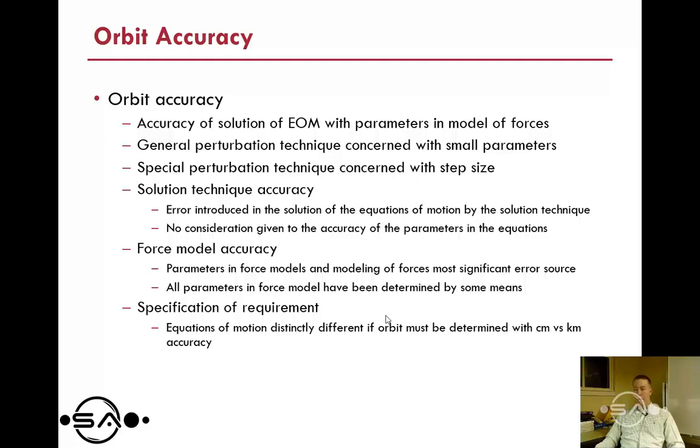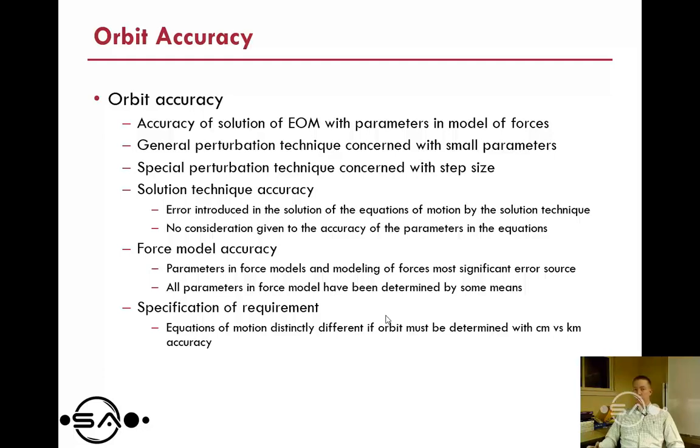So it really drives to, orbit accuracy depends on what your requirement is. If you need some solution of kilometers, then I could probably use a special perturbation technique where I'm solely interested in the solution accuracy of my numerical integration, as opposed to the force model, because I need kilometers, not centimeters. But if I need centimeters, then I might be considering both of them because of the sheer amount of time that it takes to numerically integrate those force models.